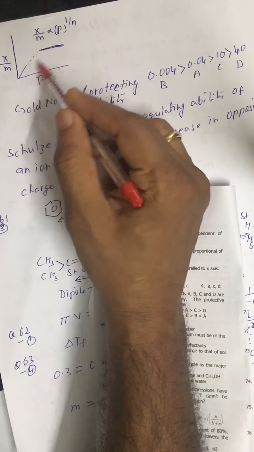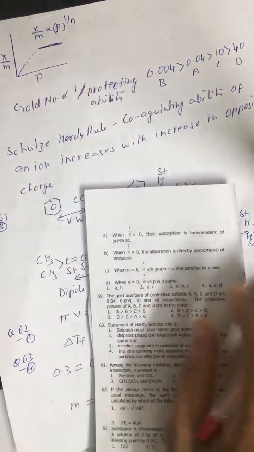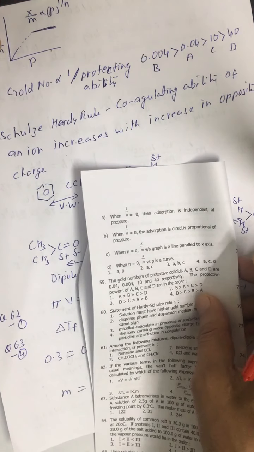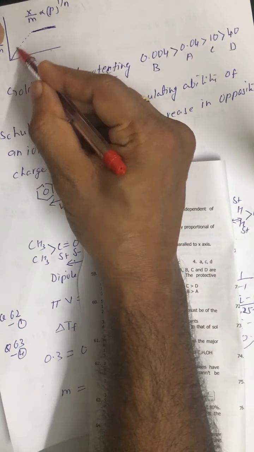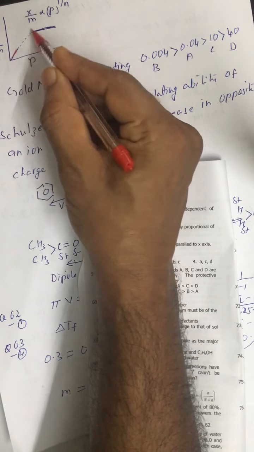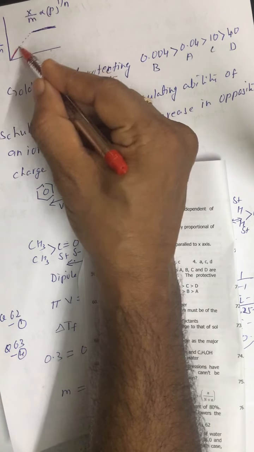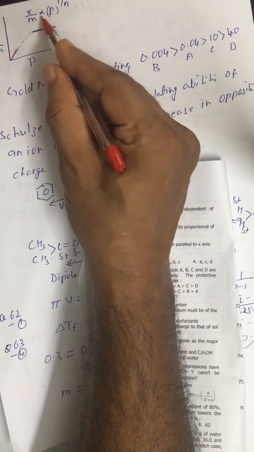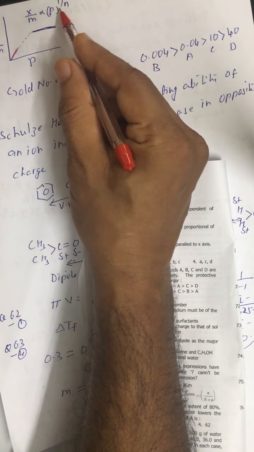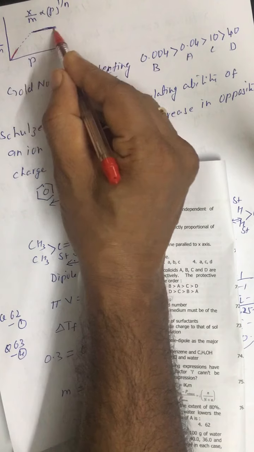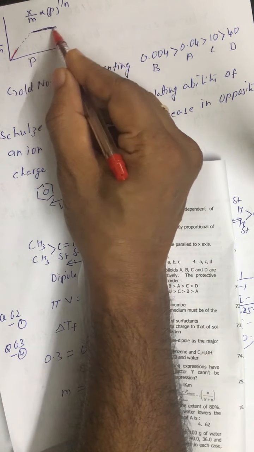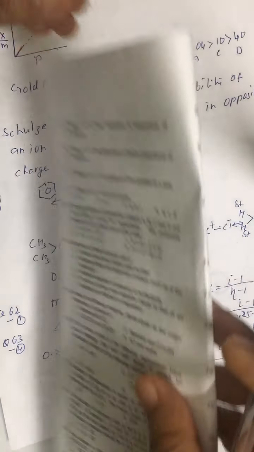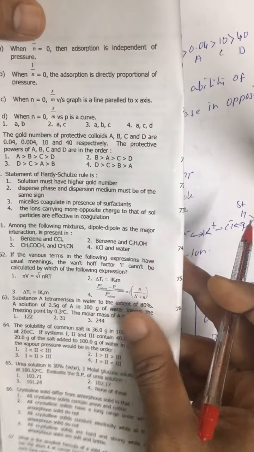From this relation we can easily conclude that the second option is correct. If you draw a graph of x/m and P, at initial stages x/m is proportional to P. At this stage it follows the relation x/m is proportional to P to the power 1/n. At this point it becomes independent of pressure. So the correct answer is the second option.